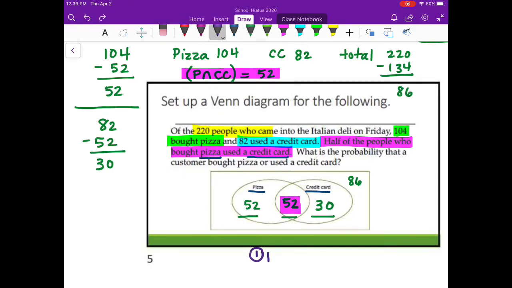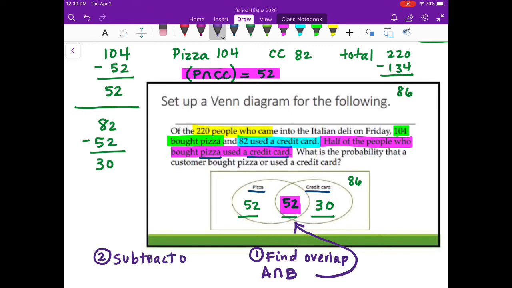So a quick recap for your strategy on Venn diagrams: find the overlap of the data to determine the two data categories, and then fill in the center of your Venn diagram with the intersection of those two events. Next, fill in the remaining parts of your circles by subtracting the overlap from each event's total.